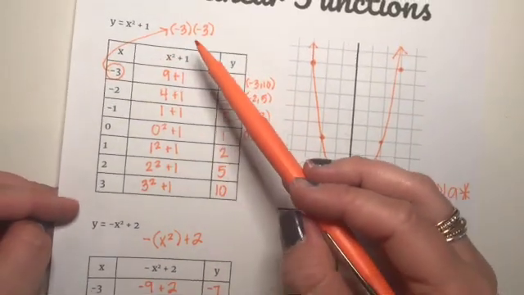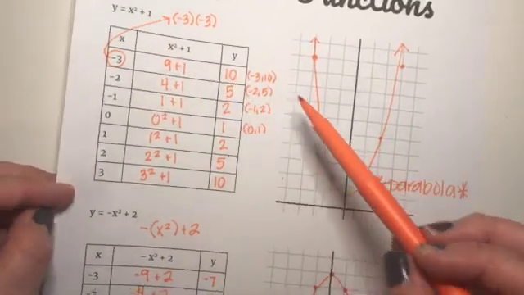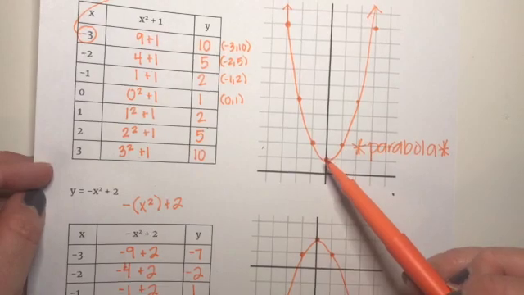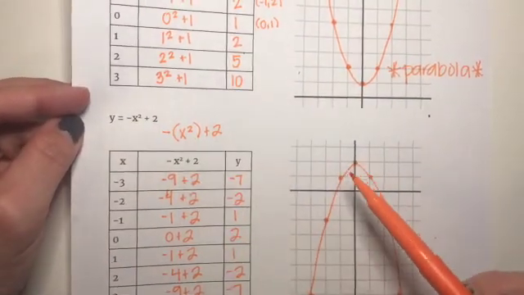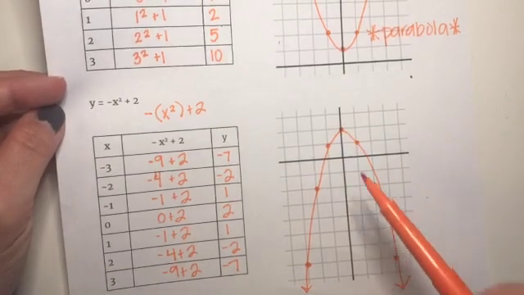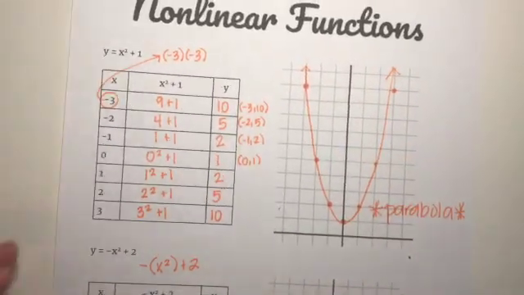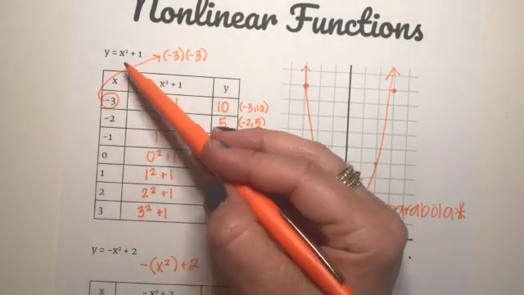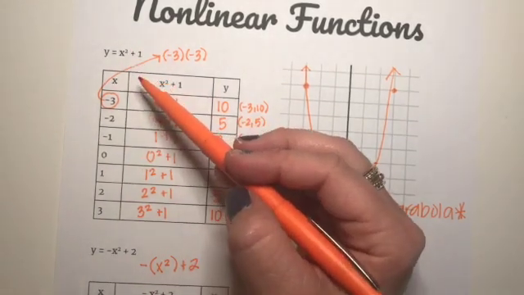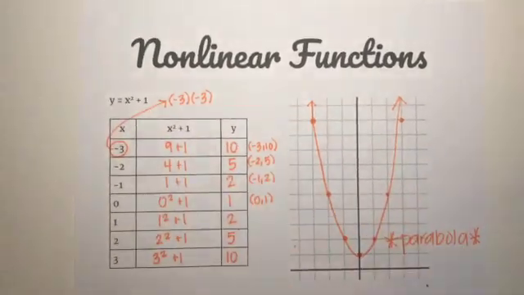And then look at this second number. See how that was 1? Well, look, it's crossing the y-axis on +1. See how this one was +2? It's crossing the y-axis on +2. It's just a couple cool things about parabolas. But every single time on your homework that you have an x squared, it's going to give you a parabola.